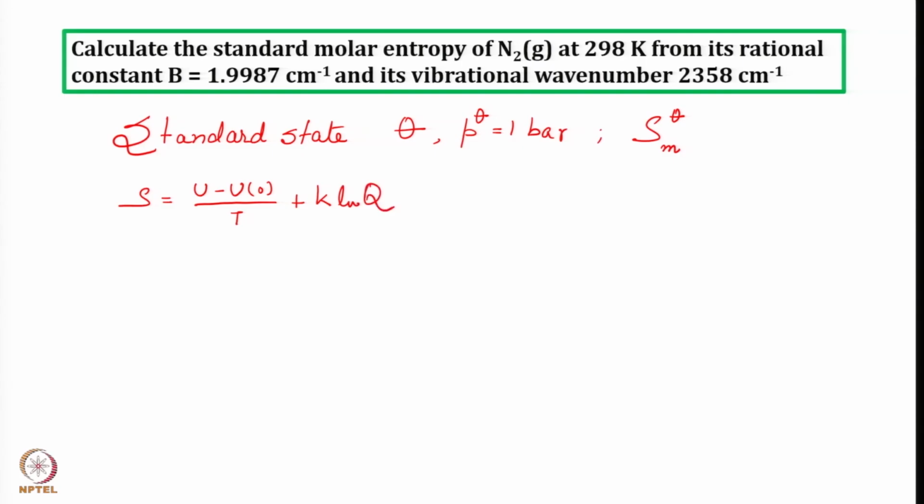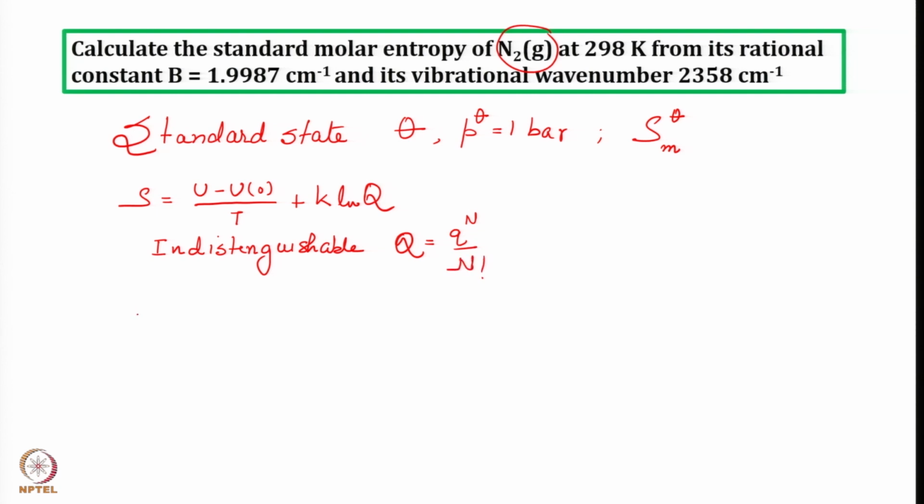Now, since we are dealing with nitrogen gas, the gas molecules are indistinguishable. When the molecules are indistinguishable, then the canonical partition function is equal to q raised to the power N by N factorial.